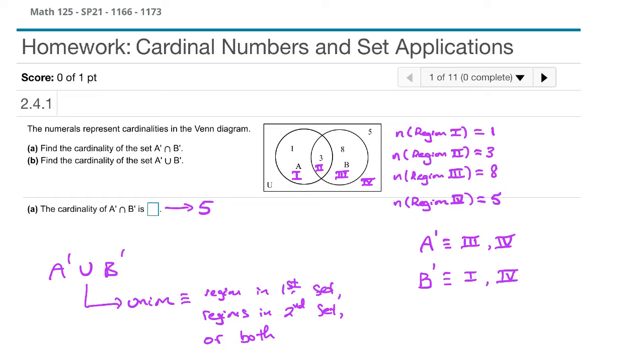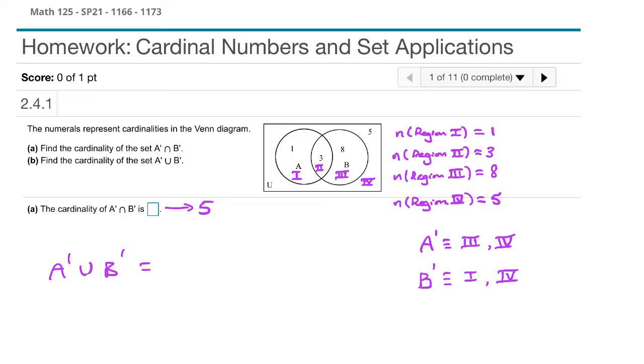And so in this case, the regions in A prime are regions 3 and 4. But then we also throw in the other regions that we haven't already listed from B prime. Well, I don't have region 1 listed. I do have region 4 listed, so I don't need to list it again. And so in this case, A prime union B prime is going to correspond to regions 3, 4, and 1.